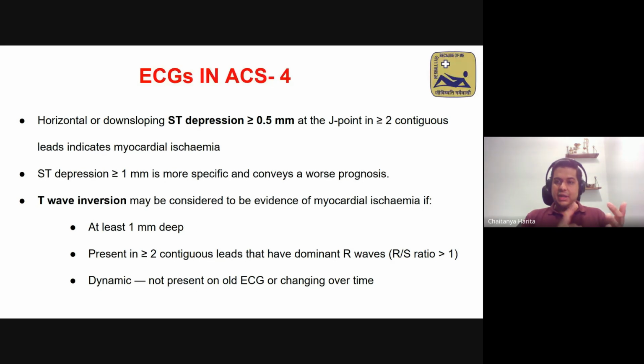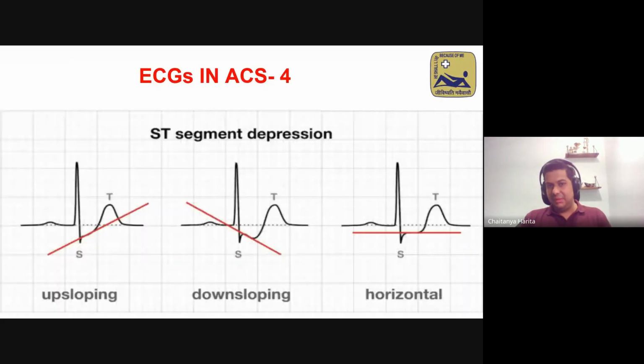So aspirin 325, clopidogrel 300, atorva 80. But these are patients you don't thrombolyze. Instead, you give them heparin. So unfractionated heparin, 5,000 units subcutaneous every 6 hours. Or if you're giving low molecular weight heparin, you can give 1 milligram per kg twice daily, subcutaneous. So this is extremely important to know, that you don't necessarily thrombolyze NSTEMI patients.